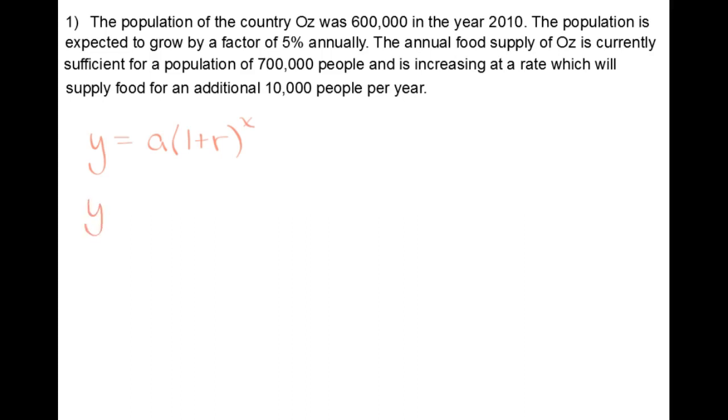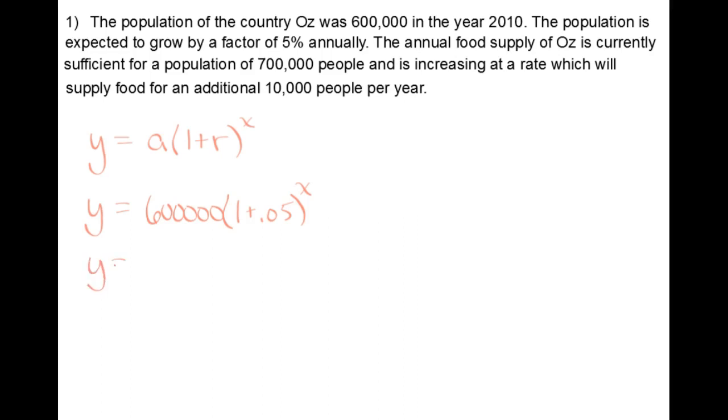So we don't know what y is. Y is that final amount of, in this case, people. And A is 600,000. That's how many people they had in 2010. And then the rate is 5%, so we're going to say 1 plus 0.05 to the power of x.